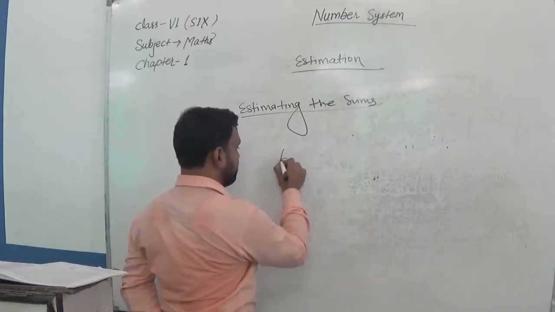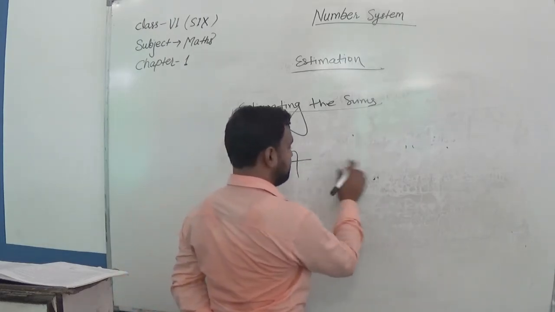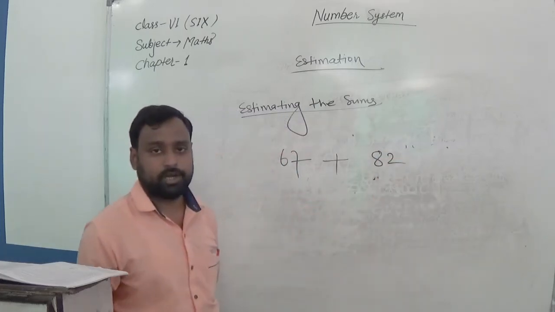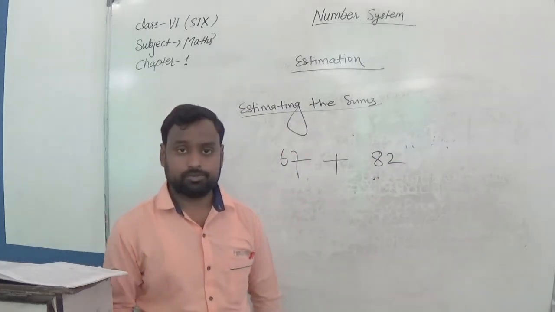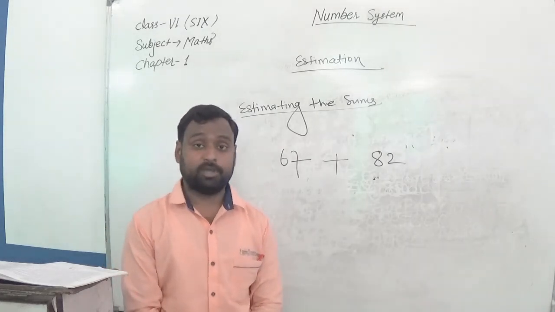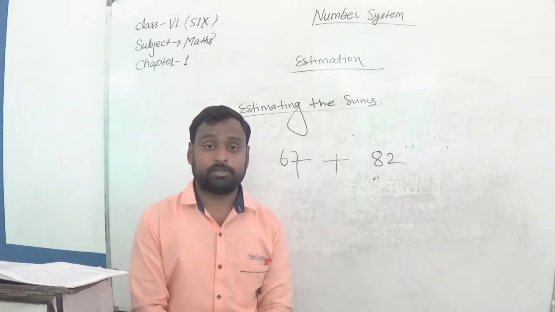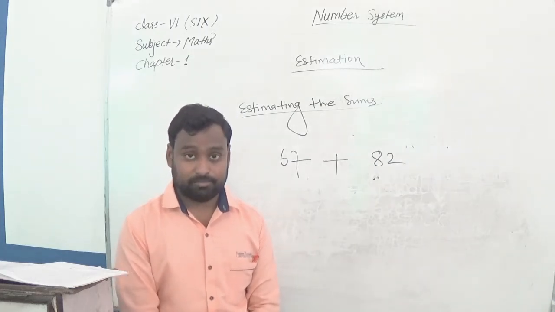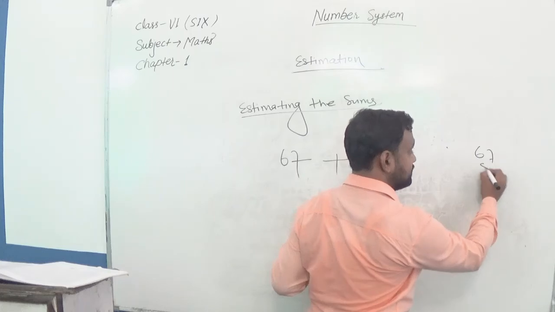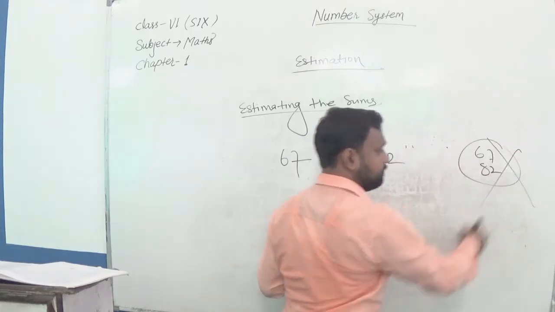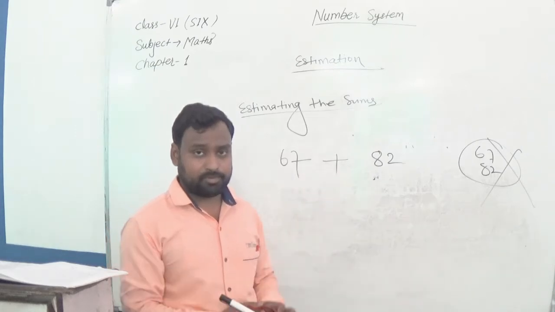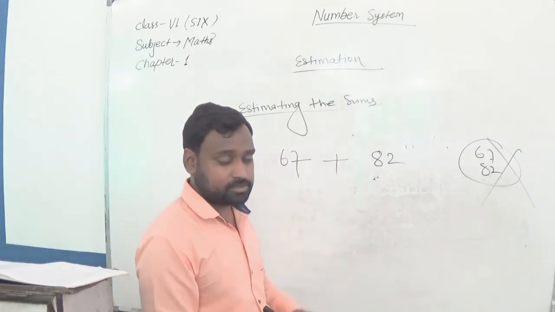Suppose you are given 87 plus 82, and you have to estimate, you have to guess what the sum will be. You don't have to add it exactly. You have to estimate the result.